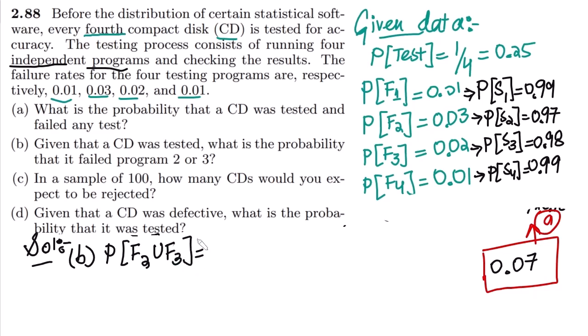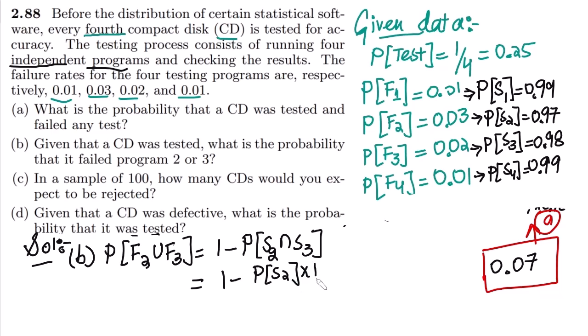So it would be 1 minus the probability of success in test 2 and test 3. Okay, so here we can again see that these are two independent ones, so therefore it would be 1 minus the probability of the success in S2 multiplied by the probability of success in test 3.